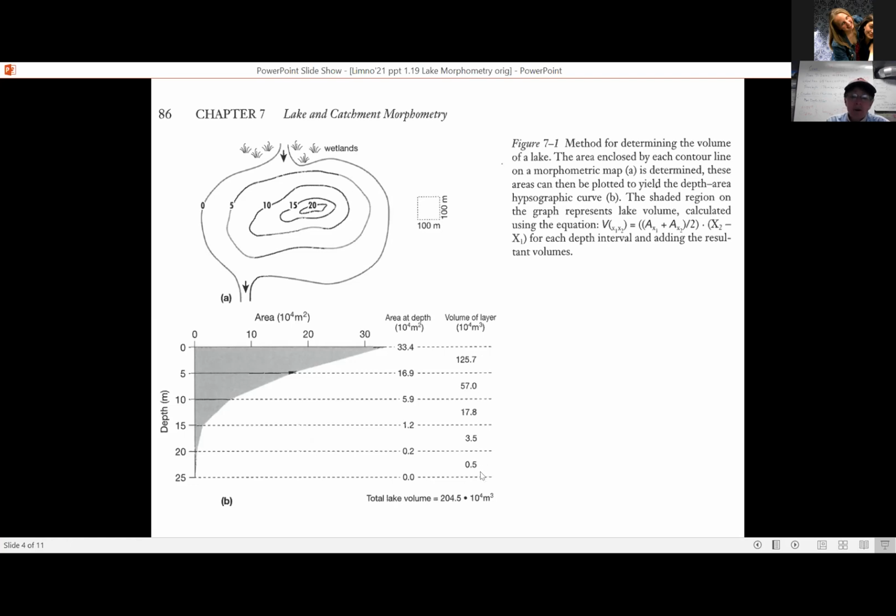You can add all of these up to get the total volume of the lake. Take that total volume, divide it by the area, and that gives you the mean or average depth. Here is a little cartoon of a hectare, a little square that is 100 meters by 100 meters.